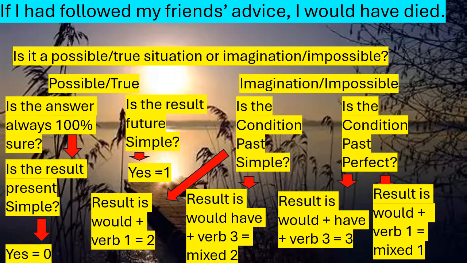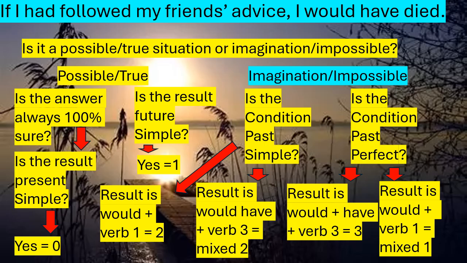Next one. If I had followed my friend's advice, I would have died. So we have to ask, is this possible true or imagination? So it's already in the past, and I didn't follow my friend's advice, so this is impossible or imagination. Okay, next question. Is the condition past simple or is the condition past perfect?